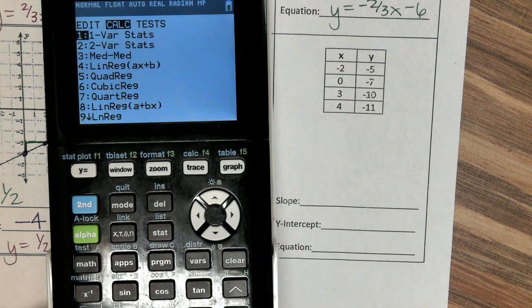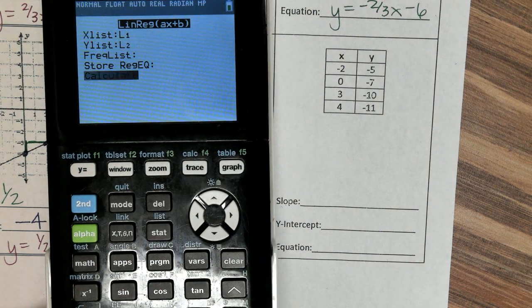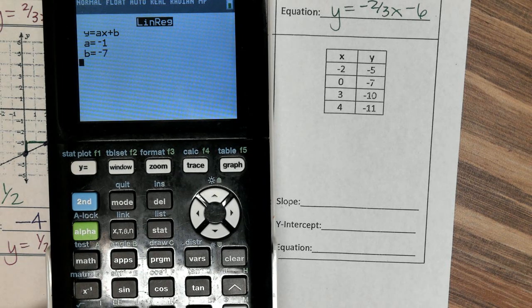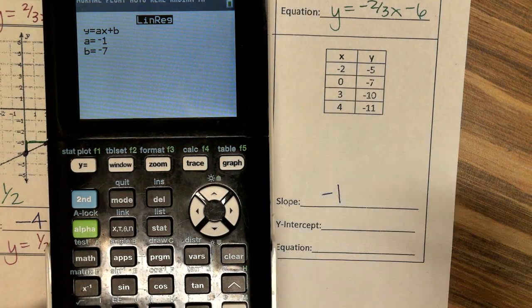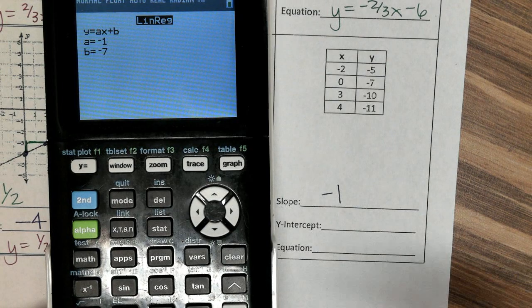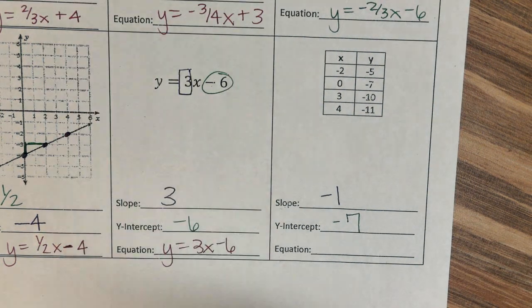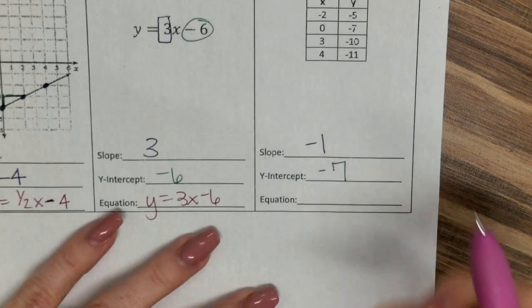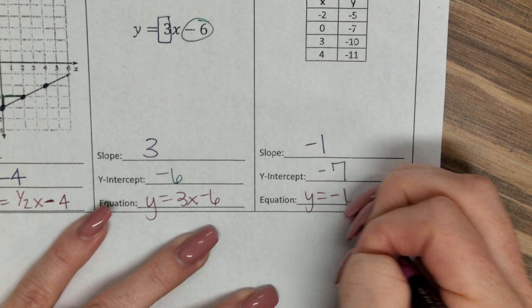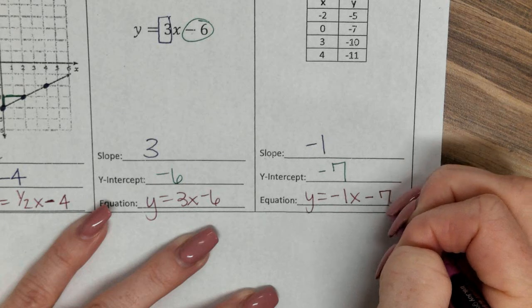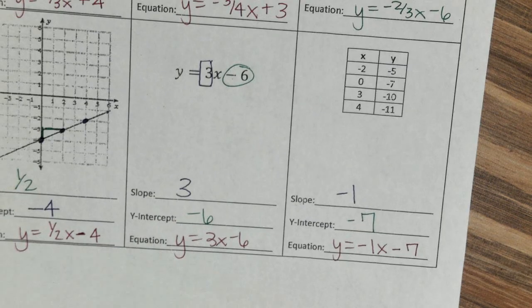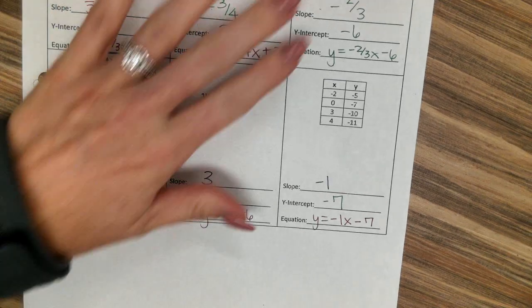Stat calc 4. What is the slope? -1. What is the y-intercept? -7. And if I write my equation, it is y equals -1x minus 7.